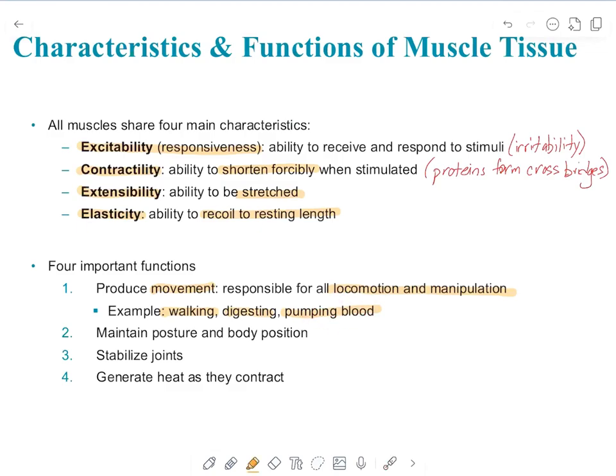The next function is maintaining posture and body position, stabilization of joints, and generating heat as they contract. So, this would be an example of shivering to generate heat.